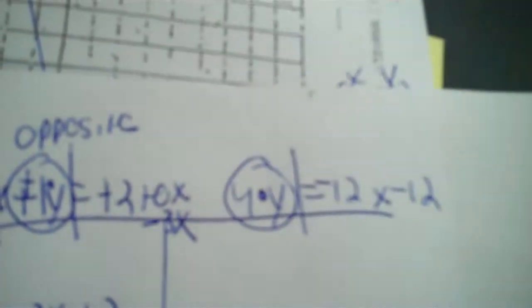Then the second equation, 4y equals negative 12x minus 12. Here's the y. It's not quite by itself. It has a multiplying number of 4. But unlike the last one, there's nothing added outside, so I don't have to subtract or add. You can go straight into dividing by 4.